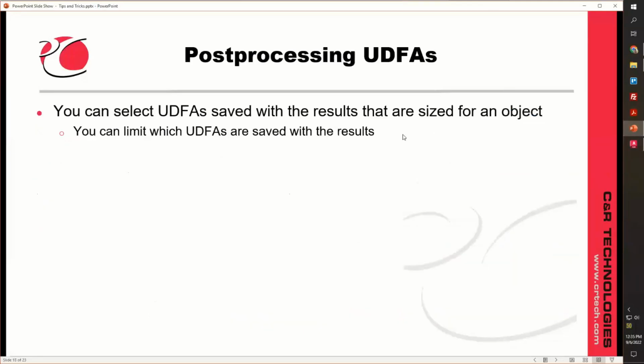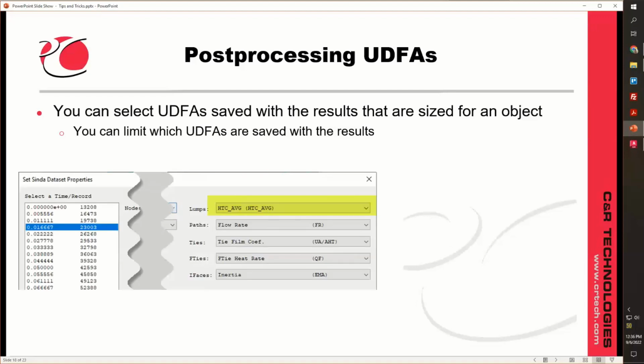Now, when you're done with your solution and you're going to post-process your UDFAs, you can select any UDFAs that are saved with the results and are sized for an object as a variable of that object. So when I'm editing my data set, if I have a UDFA that's sized for lumps, I can pick that as the variable for the lump and post-process those values.